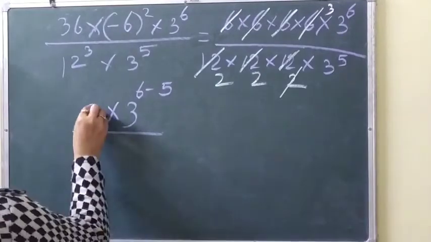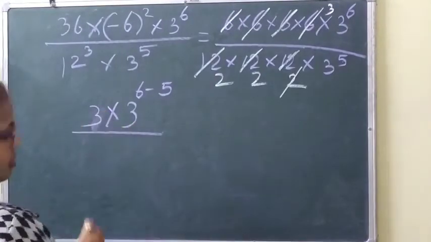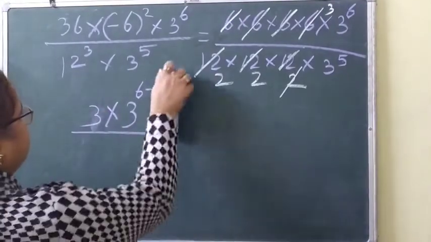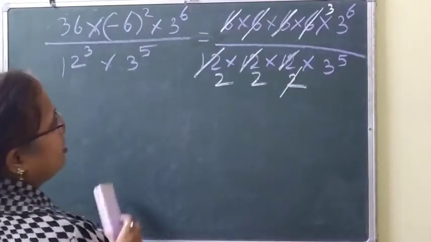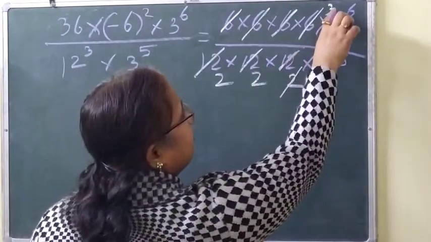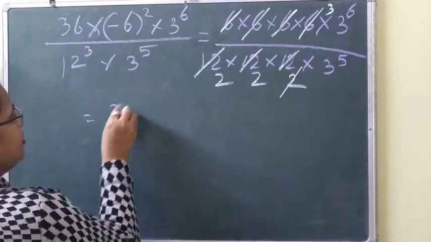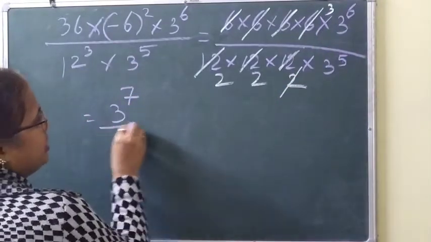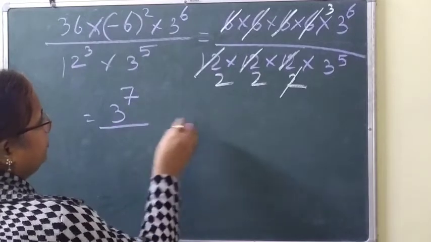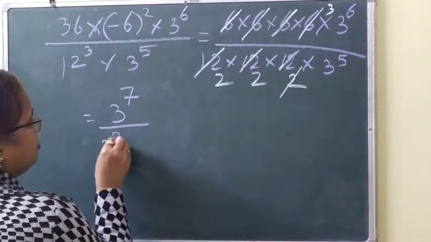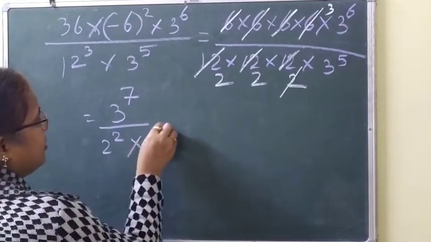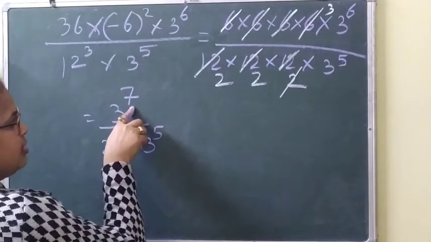So we can write like this. 3 into 3, so 3 means the power is 1 here. So here we can write 3 to the power 7 divided by 2 to the power 2 into 3 to the power 5. I hope it is clear. How 7?